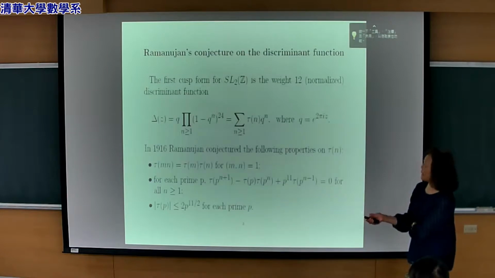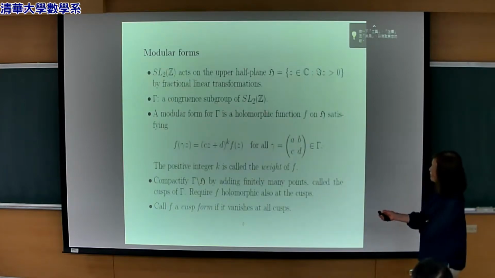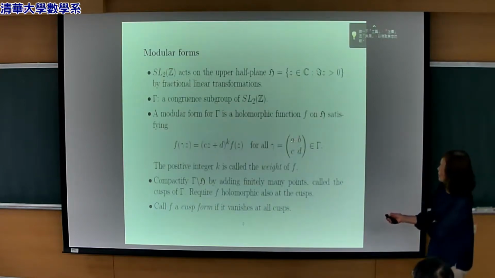Let's not talk about that, but go back and look at this expression. SL2Z contains all the translations. Translations correspond to the matrices (1, b; 0, 1). So when gamma is a translation, c is 0 and d is 1, which means that our function is invariant under translation by 1.